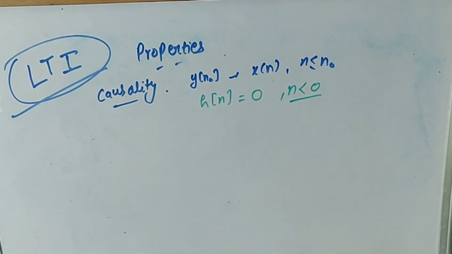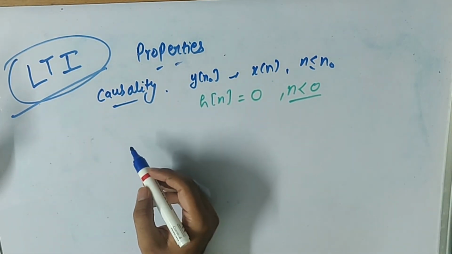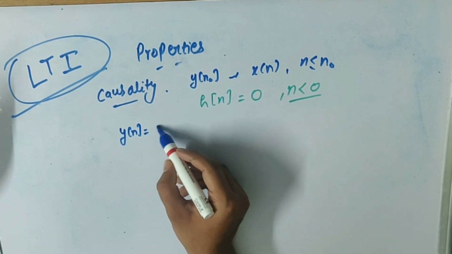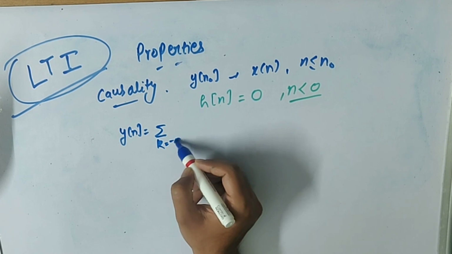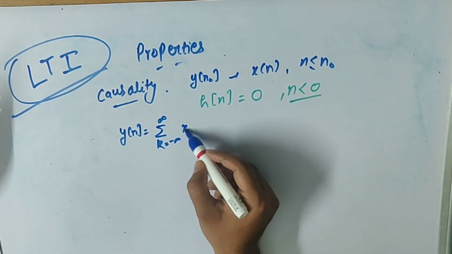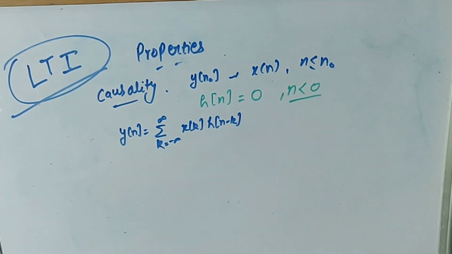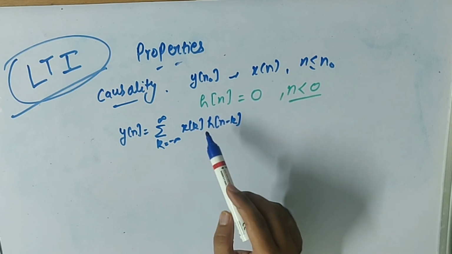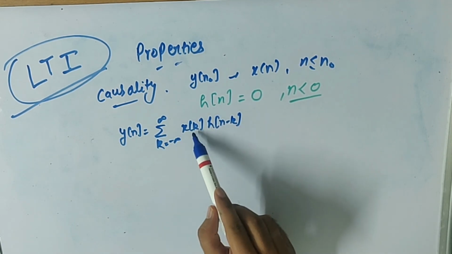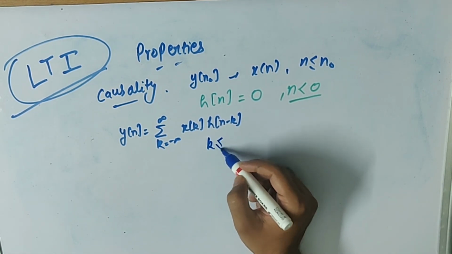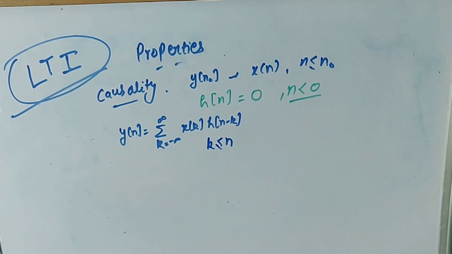Let's show this in this way: y[n] is equal to the summation over k equals minus infinity to infinity of x[k] h[n minus k]. y should not depend on some future input. That means k should always be less than or equal to n.